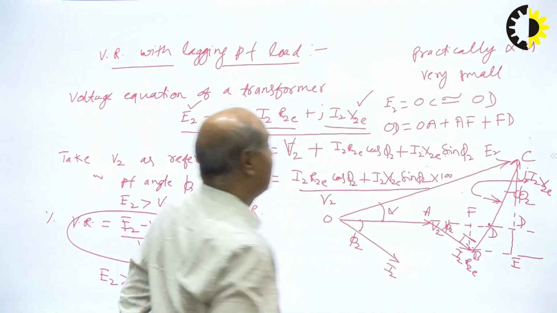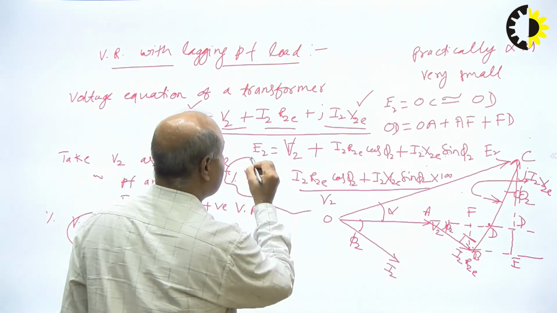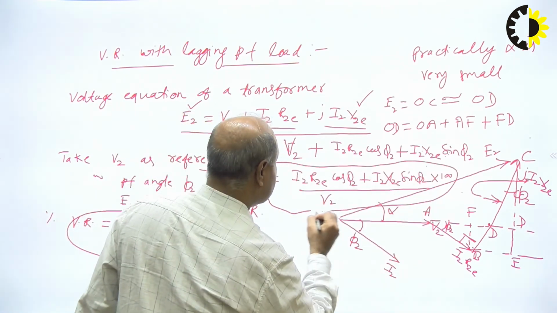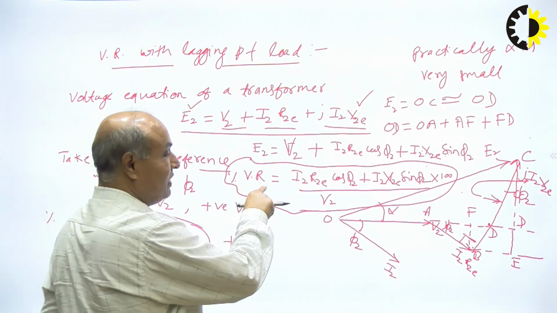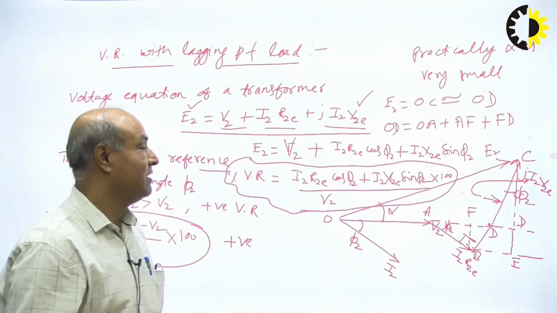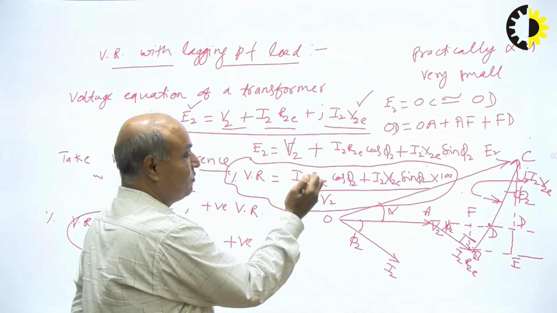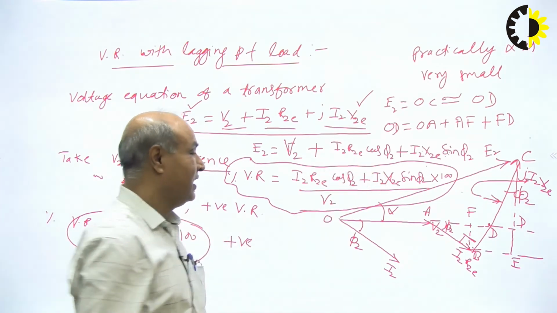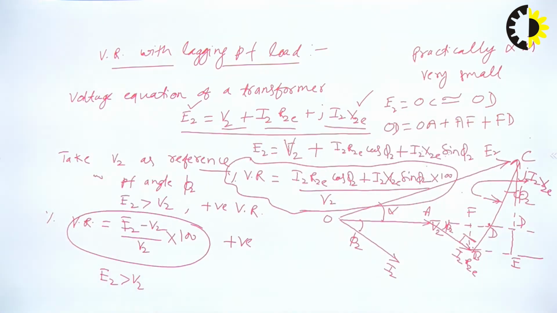This relation is positive. This is the expression of voltage regulation in terms of the parameters of the equivalent circuit of the transformer, R2E and X2E, the equivalent resistance and reactance.